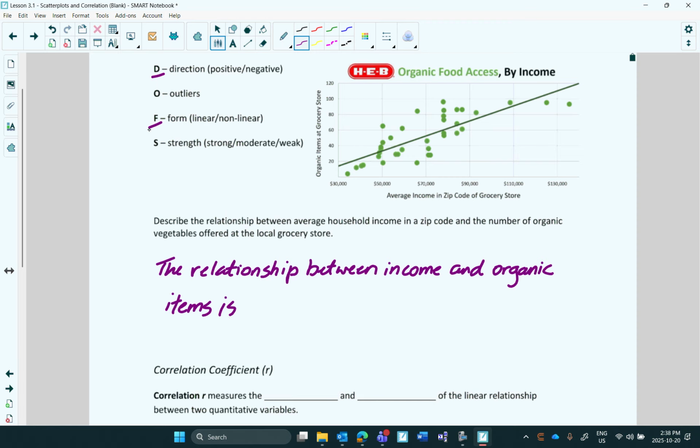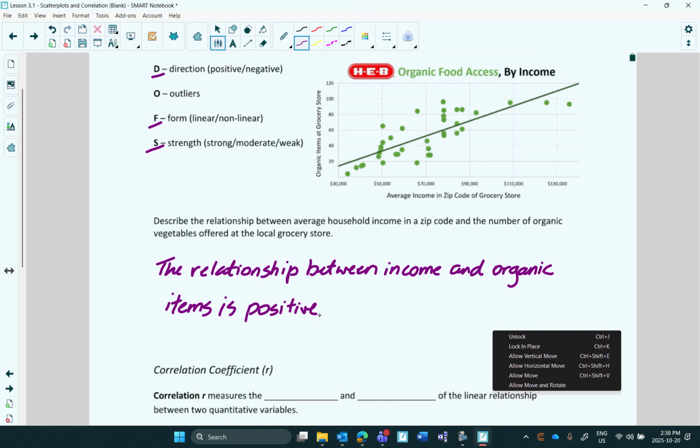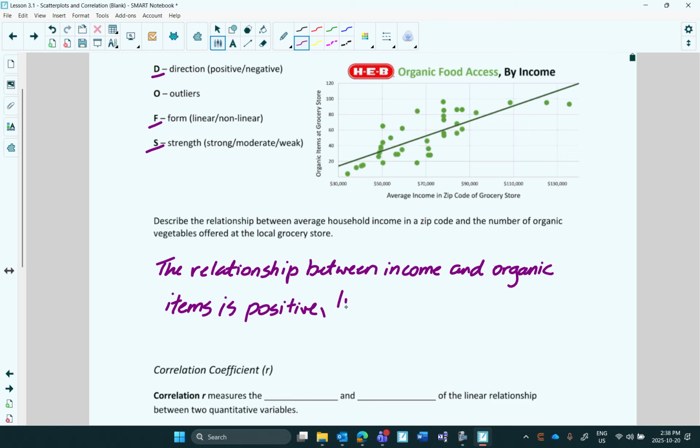Actually, you could probably put in the fourth one too. What's the direction? Positive. Is it linear? Yes, because we can basically place a line over it. If a bunch of these points started going like this, we'd have a curved pattern. That's something different. Linear.